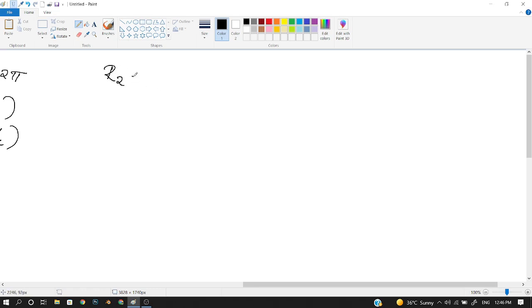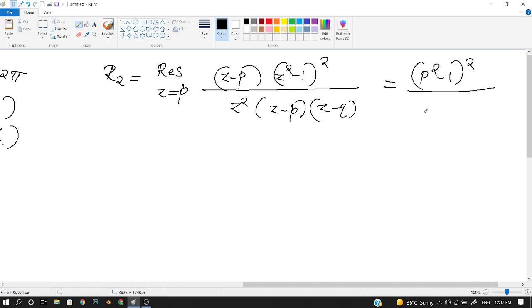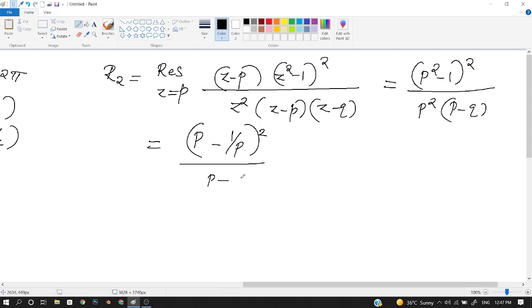Now we can calculate the residue at p also. We denote that by R2. The residue at p, that is a simple pole, is z minus p, z square minus 1 the whole square divided by z square into z minus p into z minus q. So this is equal to p square minus 1 the whole square divided by p square into p minus q. So this is equal to p minus 1 by p the whole square divided by p minus q.